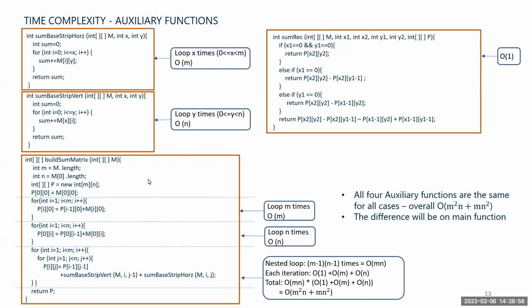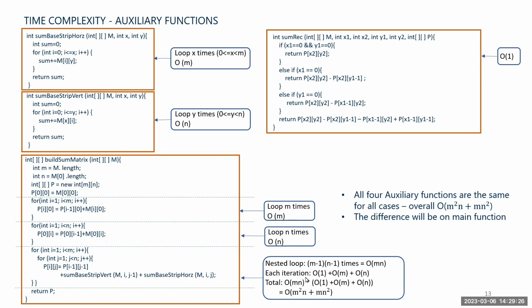Build sum matrix function, fill in the first row loop M times, so take O of M. Fill in the first column loop N times, so it takes O of N. And this nested loop iterates M minus 1 times N minus 1 times. It's O of MN.